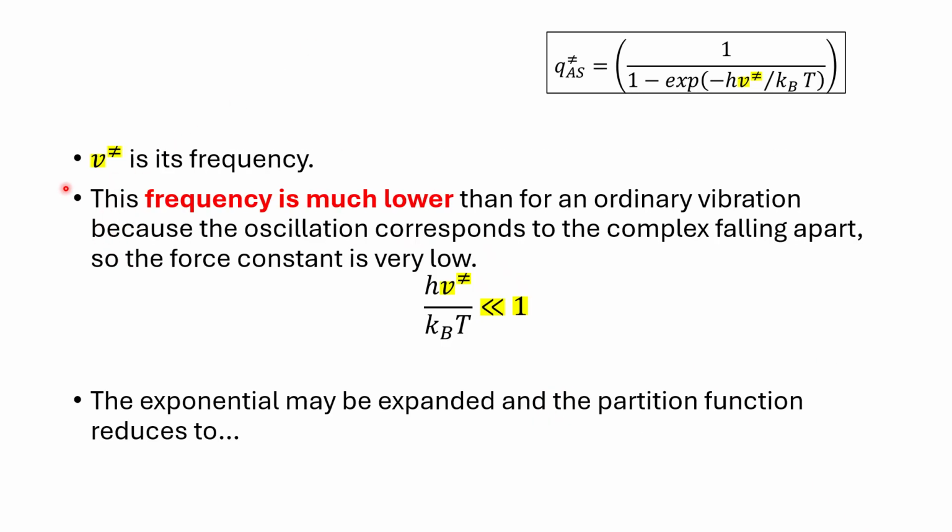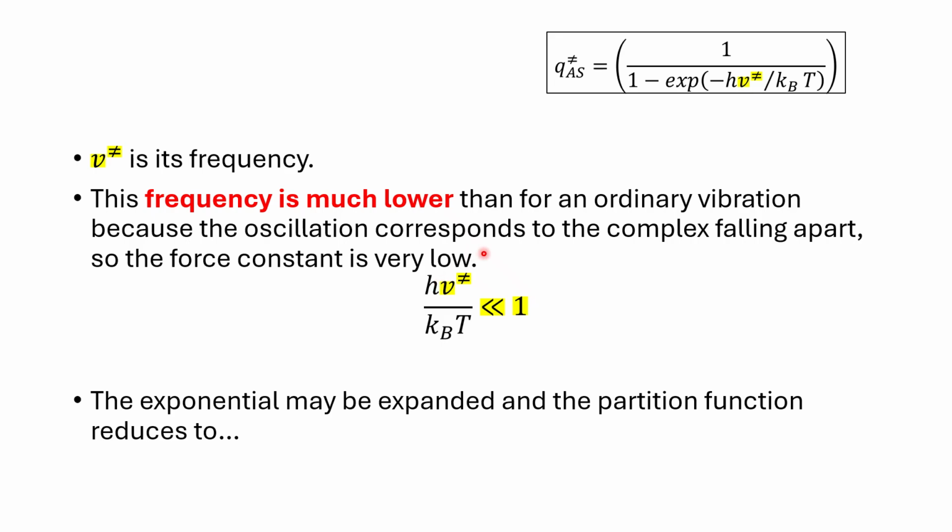The symbol nu here in the vibrational partition function equation represents the frequency of the specific asymmetric stretching vibration. Because these oscillations correspond to the complex actively falling apart, it is essentially a breaking bond, so the restoring force constant is very low.